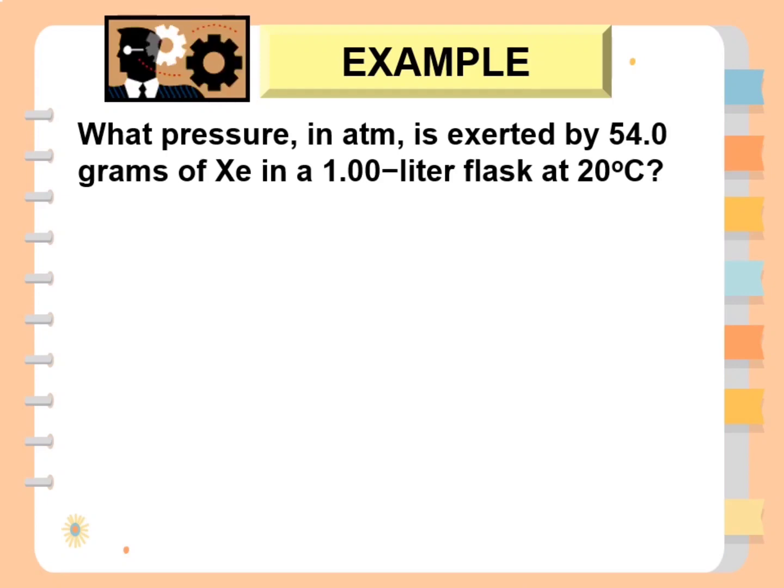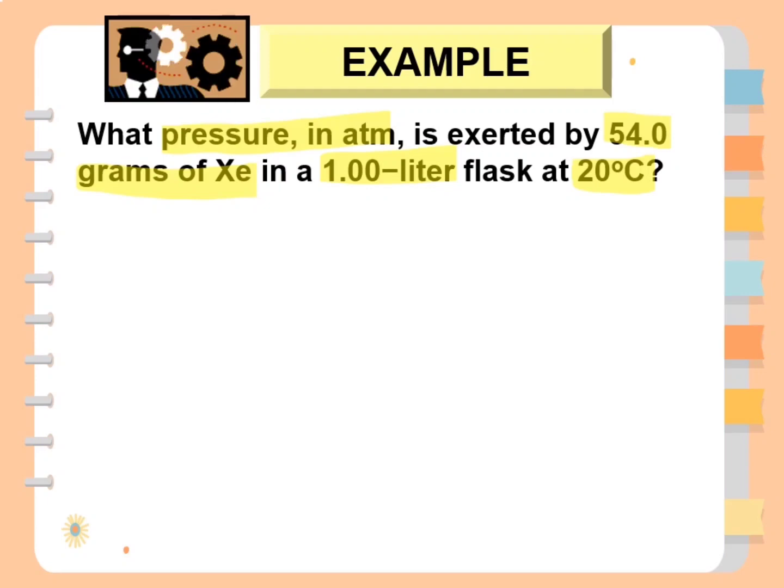Okay, so kita tengok dulu apa maklumat yang diberi dalam soalan. Okay, soalan nak cari what pressure in atm is exerted by 54 gram of xenon. So ini adalah noble gas in 1 liter flask at 20 degree Celsius. So kita identify dulu one by one.